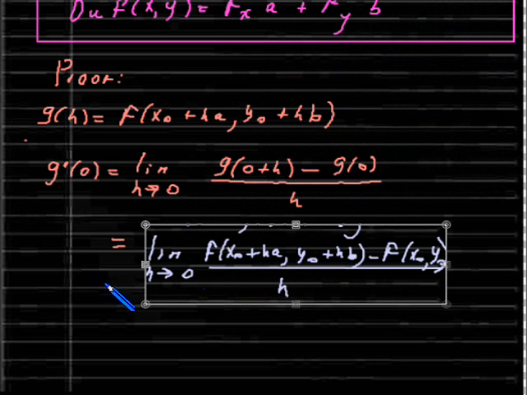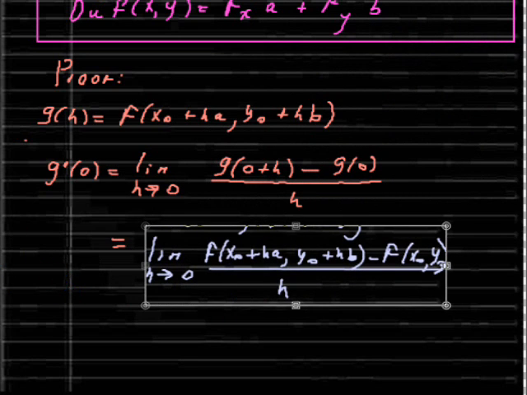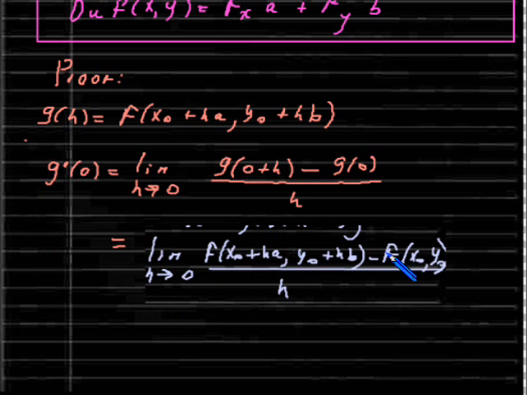So really, this is D_u of f of x naught, y naught, and of course it is also equal to the derivative of the function g evaluated at 0.